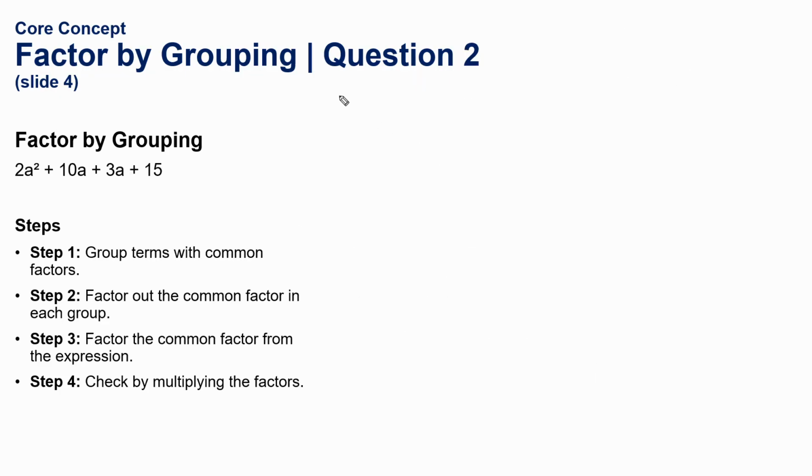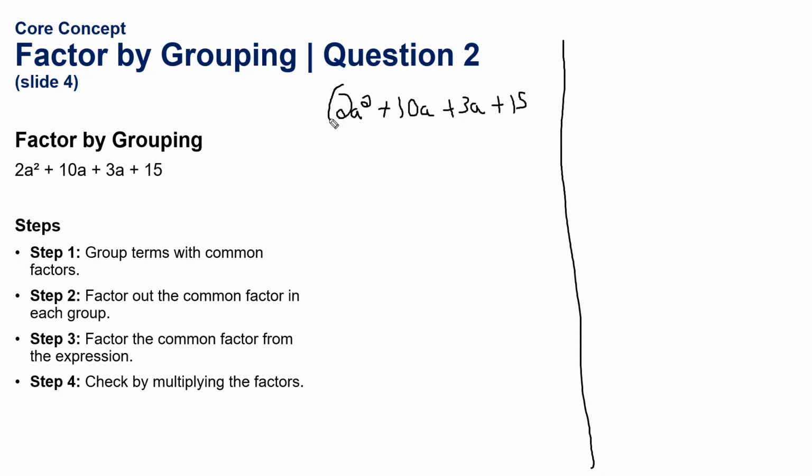So factor by grouping the polynomial 2a squared plus 10a plus 3a plus 15. Again, I'm going to group things that have common factors, which happen to be the first and the second pair.